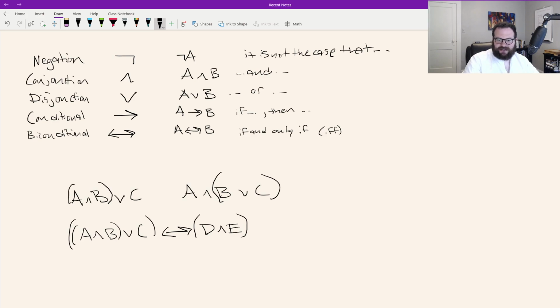I could add a negation sign to one of these things. I could say (A and B) or C if and only if it's not the case that D and E. Okay? So we can build more and more complicated sentences. Now, negations and parentheses.